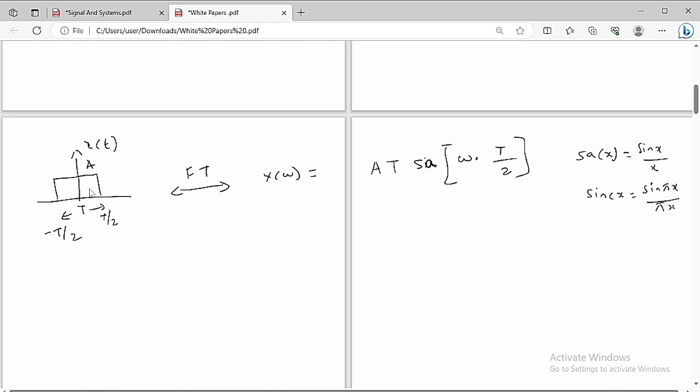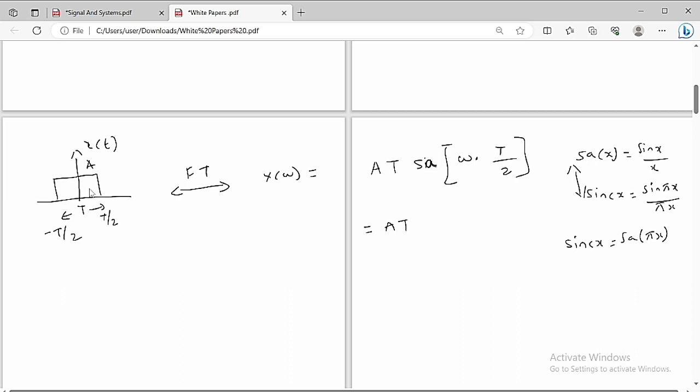So if you compare, what can I say? Sinc of x is equal to Sa of pi x. Right? In place of x, if we replace x by pi x, we are going to get this function. Suppose I want to write in terms of sinc, then sinc x is equal to Sa of pi x.